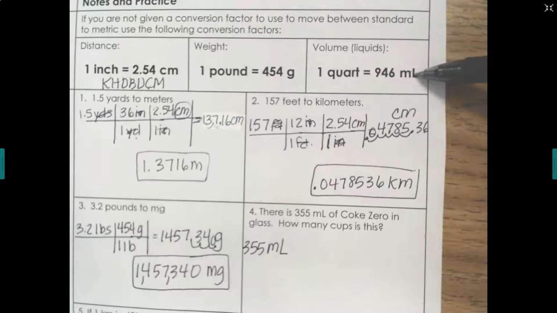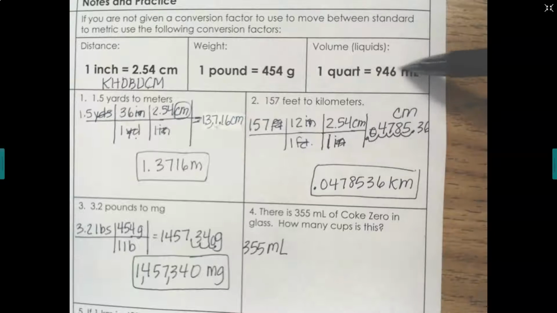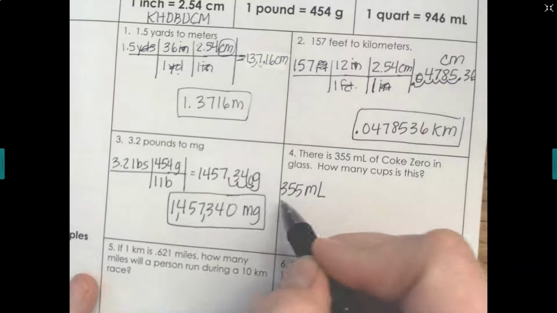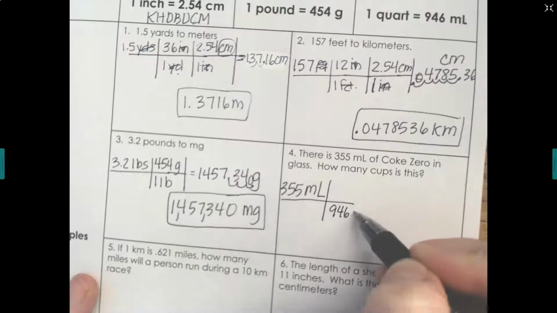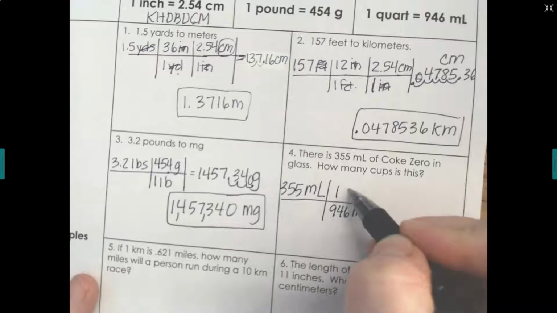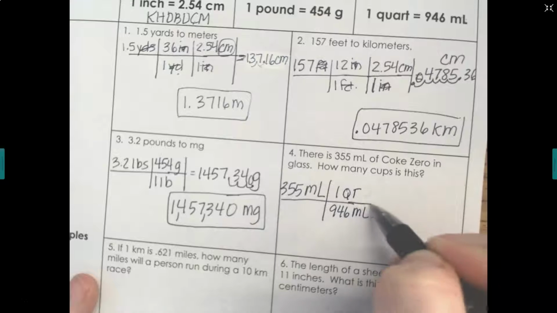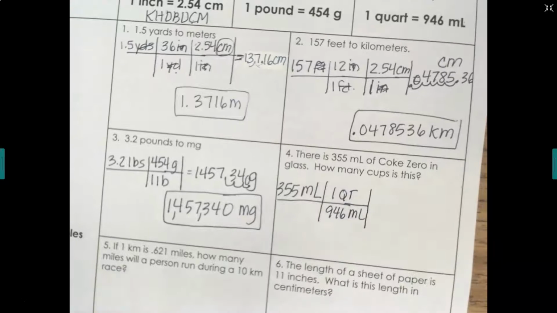For our liquid measurements, we see that 946 milliliters equals 1 quart. Then we have to go to our standard measure. We're trying to get into cups.